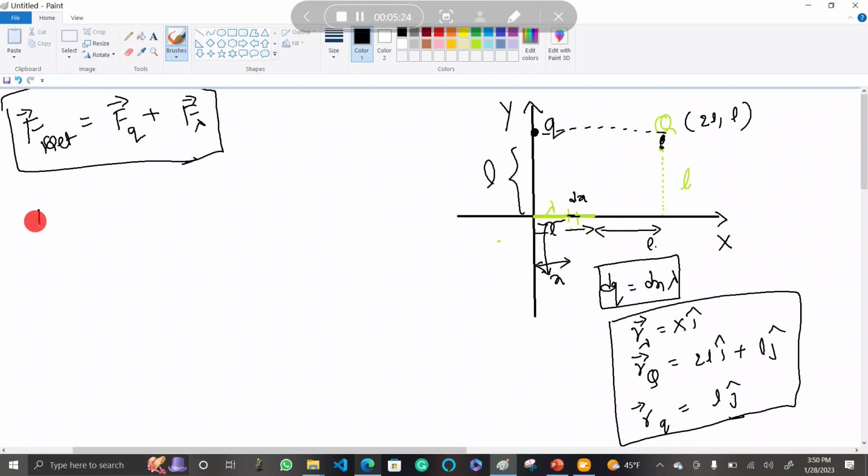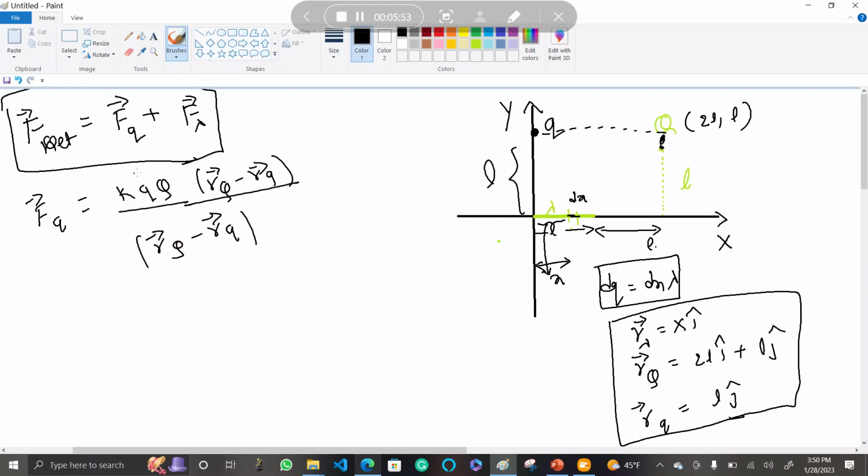As we know, the force because of q could be written as k q Q upon the distance squared, or we could write it as r_Q minus r_q divided by the magnitude of r_Q minus r_q cubed.